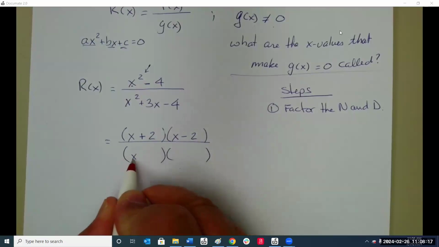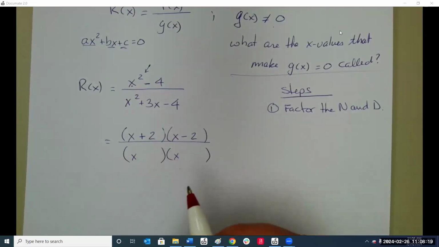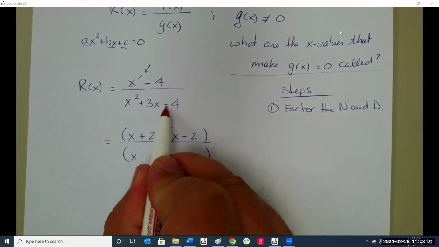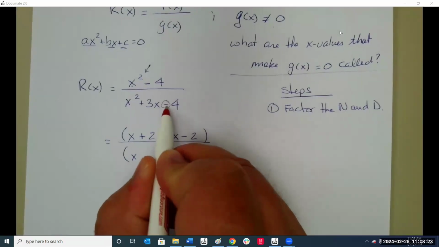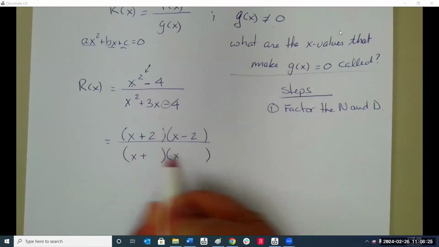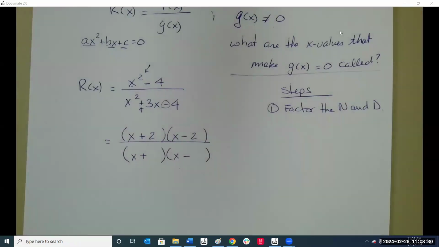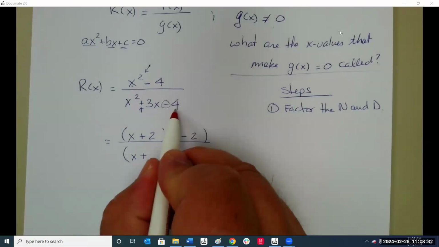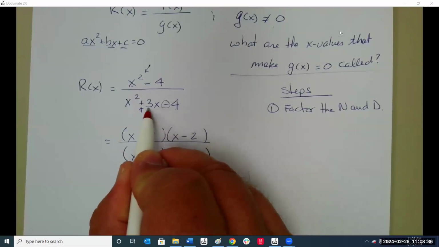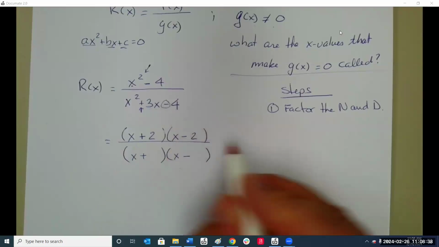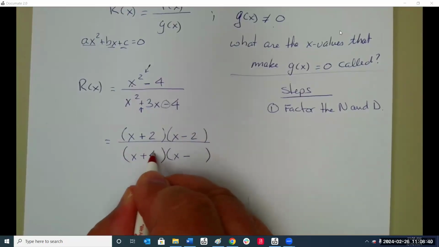Same on the bottom. We have x and x. In front of 4, it's a negative. Since it's negative, the signs are different, and the bigger number gets the plus sign. What times what equals 4, where when you subtract them you get 3? You get 4 and 1.